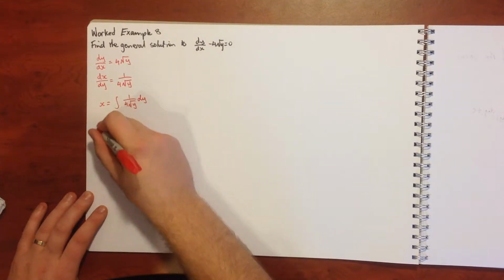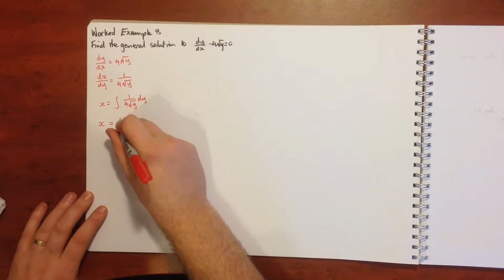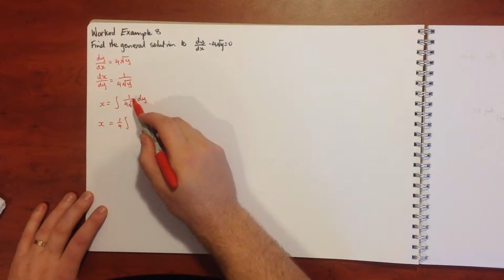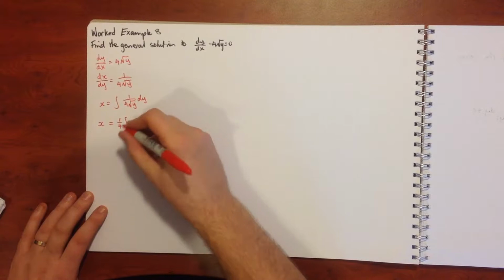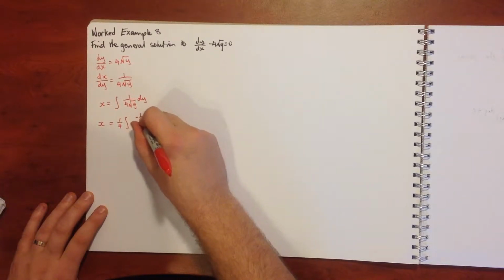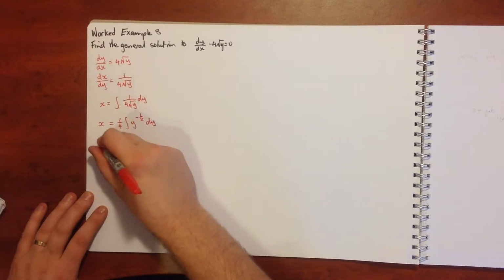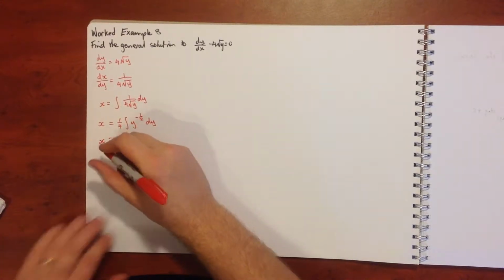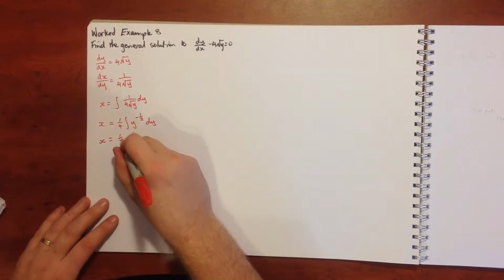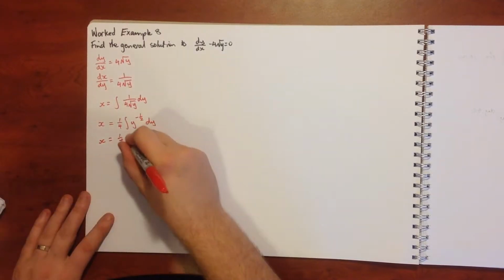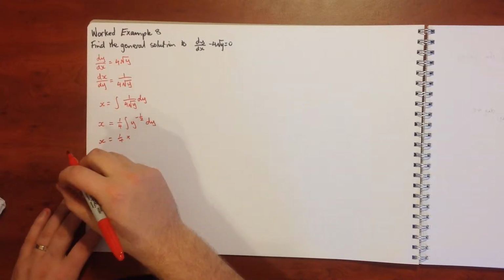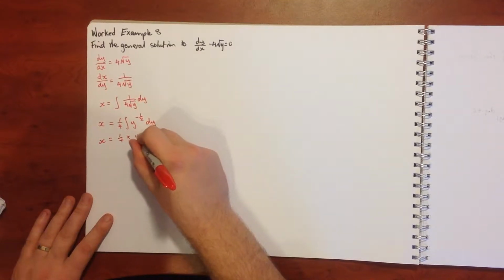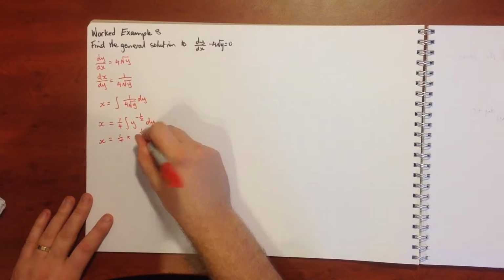We bring our 1 on 4 out the front, so we've got 1 on 4 times the integral of 1 over root y, or you can say y to the negative a half, dy. So that means x is equal to a quarter times, well, we need to add 1 to our power, which makes it y to the power positive a half.